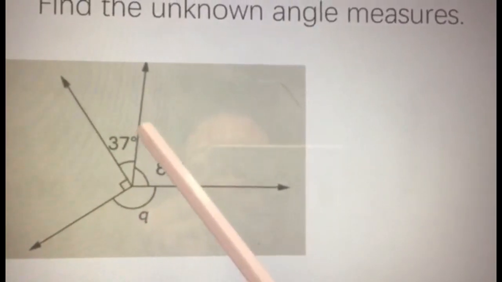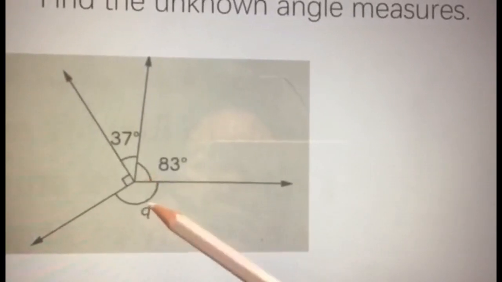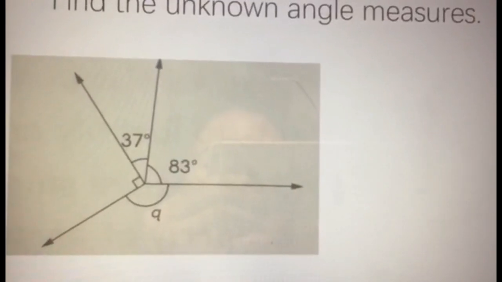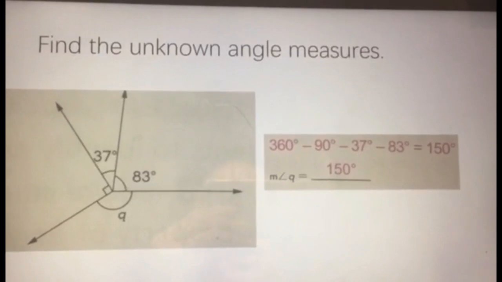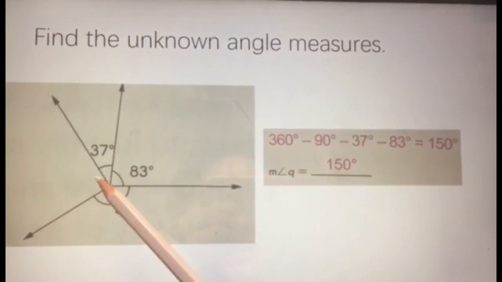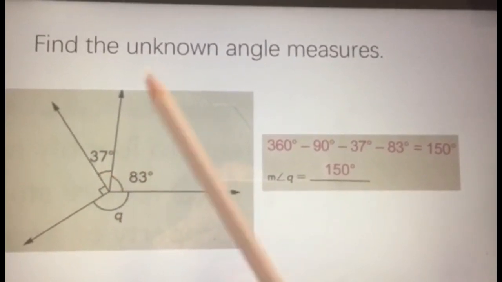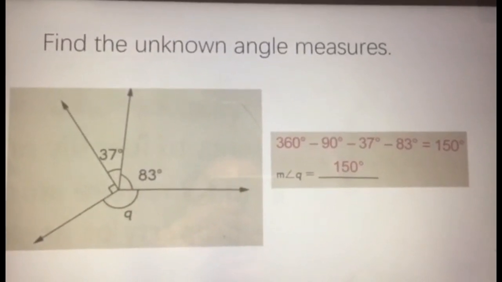So if we know 3 out of the 4 angles at this point, and we know the measure of angle Q, because we know all of them measure up to 360 degrees, right? So measure Q would be 360 degrees minus the right angle, 90 degrees, minus 37 degrees, minus 83 degrees, and it is 150 degrees.